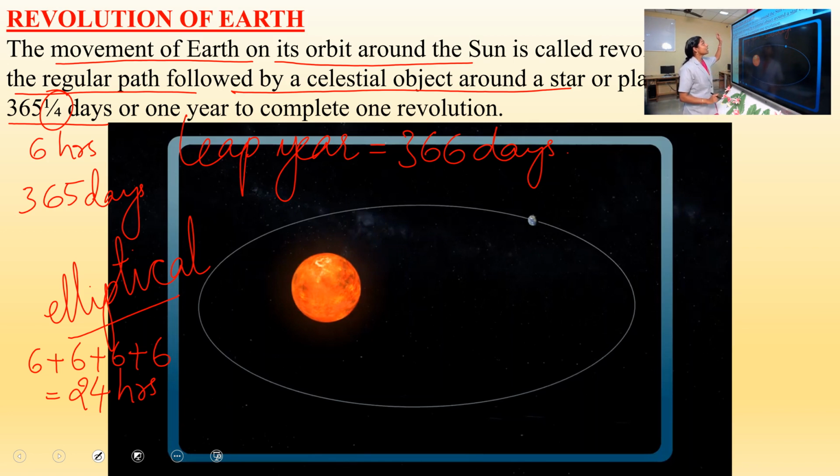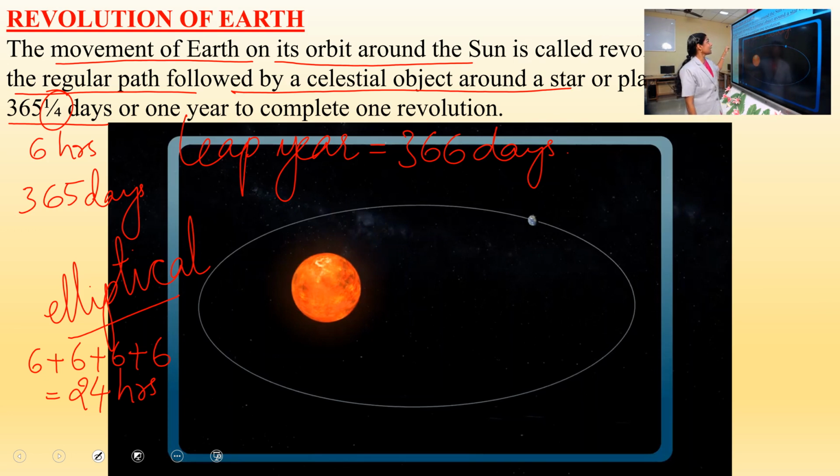So I will repeat it again. The movement of earth on its orbit around the sun is called revolution. And so what is orbit? An orbit is the regular path followed by a celestial object or body around a star or planet. Okay? So this is the definition for orbit.